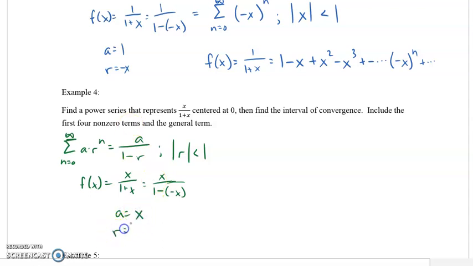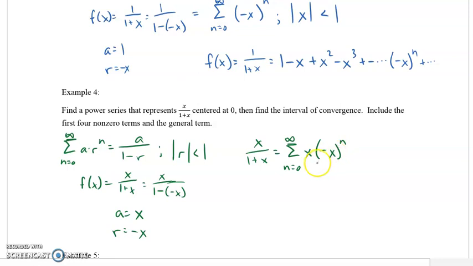And the r value is the same as it was up here, still negative x. So x over 1 plus x is equal to the sum from n equals 0 to infinity of a, which is no longer 1, it is now x, times negative x raised to the n.